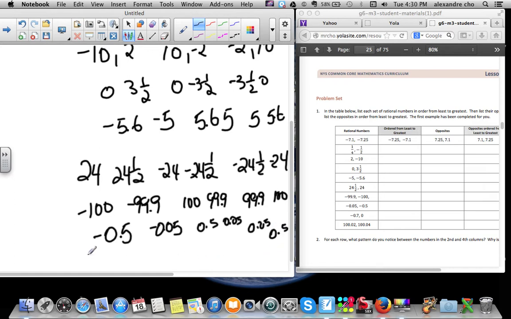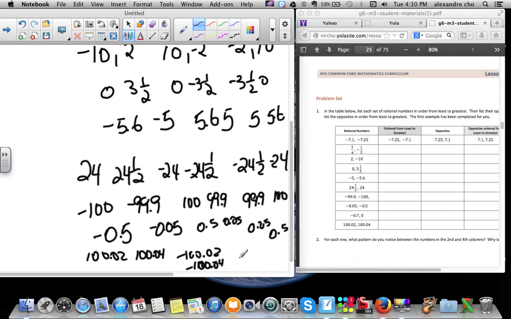Last one, 100.02 is a smaller number, and the bigger number is 100.04. Their opposites would be negative 100.02 and negative 100.04.